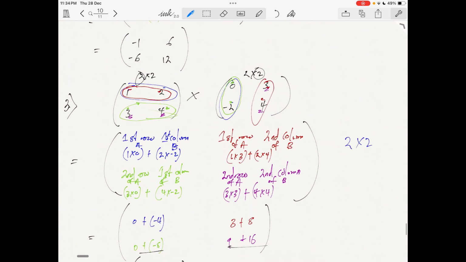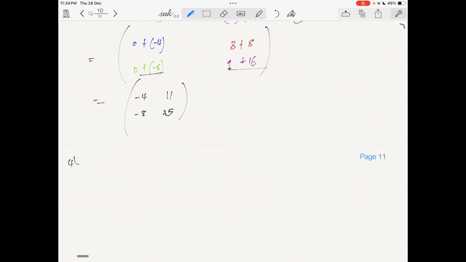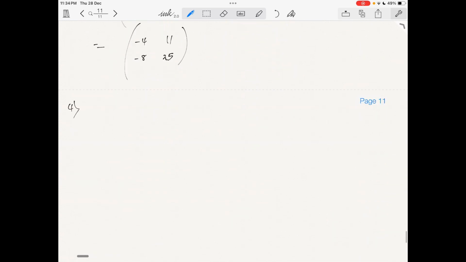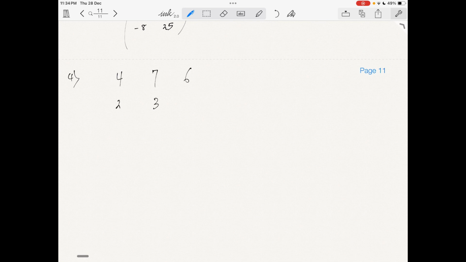Now we'll be considering quite some heavy numbers. So let's look at 4 7 5, 4 7 6, or 2 3 1 being multiplied by 8 5 9.